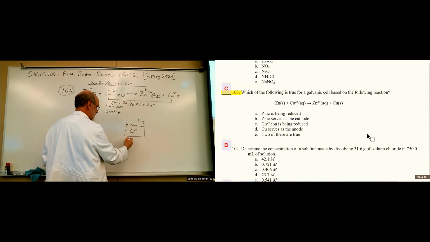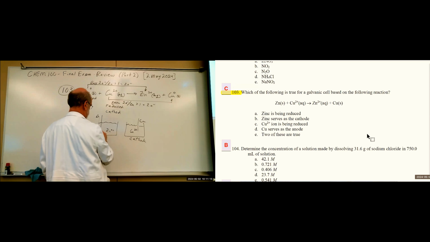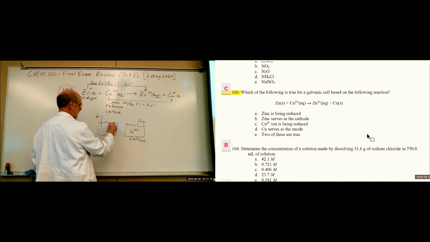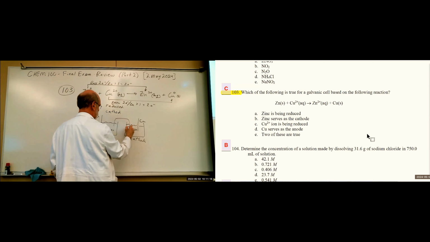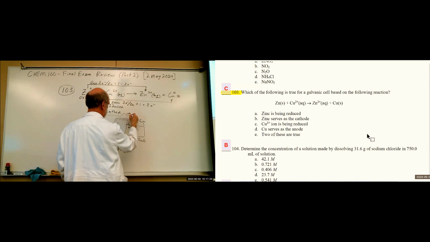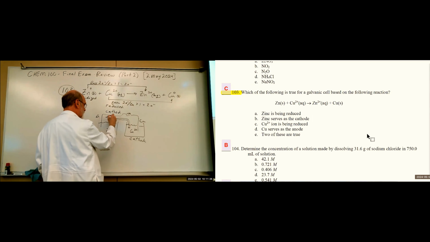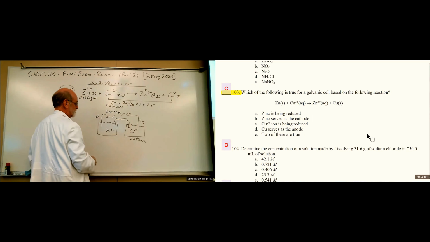That will be the cathode. That means the anode would be this one. With zinc 2 plus, right? And we have a salt bridge. And then we'll connect these with a meter. Okay? That means the electrons are flowing that direction. From the anode to the cathode.